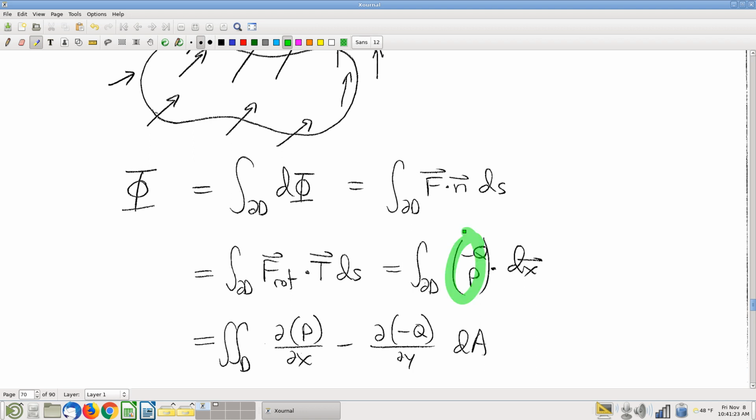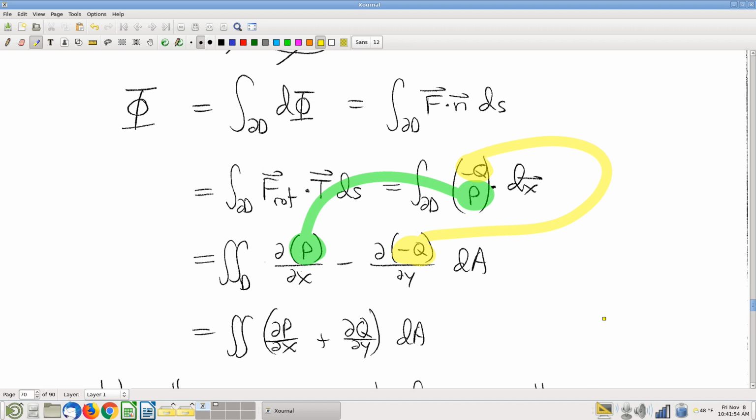This is not p comma q. So when we say dq dx, we really mean the derivative of the second component with respect to x, minus the derivative of the first component with respect to y. That's Green's operator as it applies to this adjusted vector field that we had to rotate in order to deal with that whole n versus t thing.